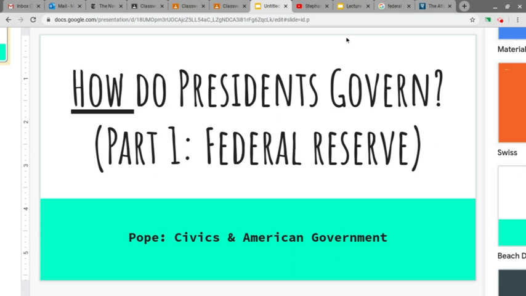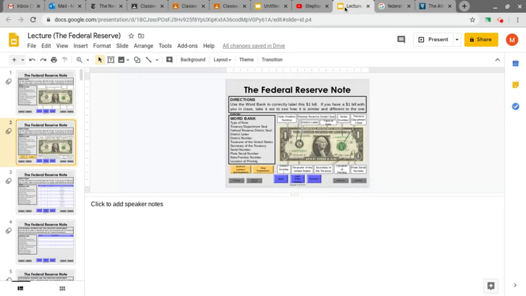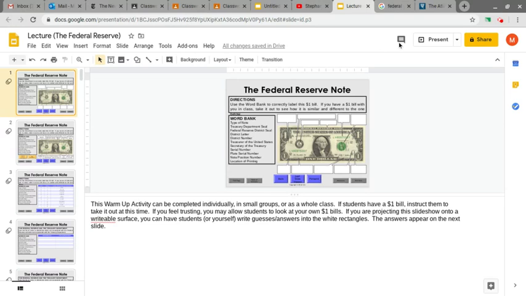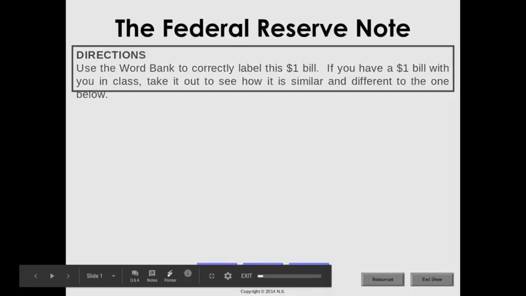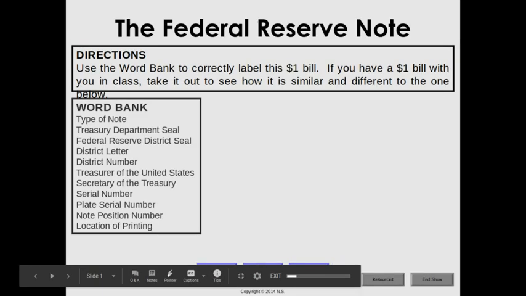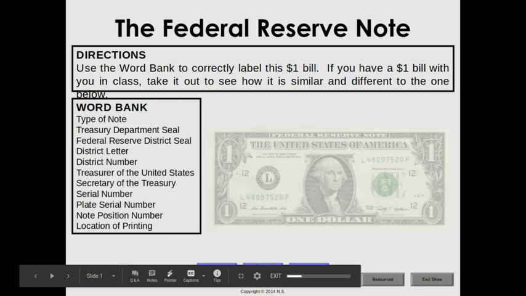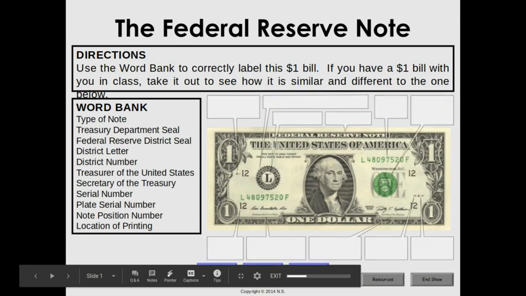We're going to start out with a PowerPoint, and then after that, we're going to switch to the website for the Federal Reserve in Atlanta, because there are several regional reserves, and Atlanta is one of them.